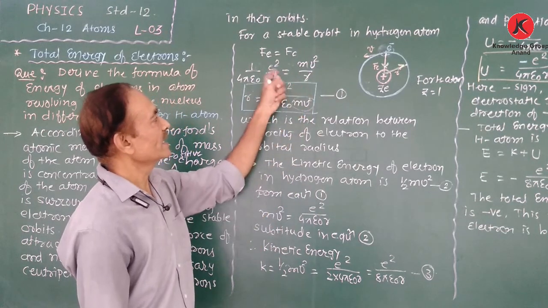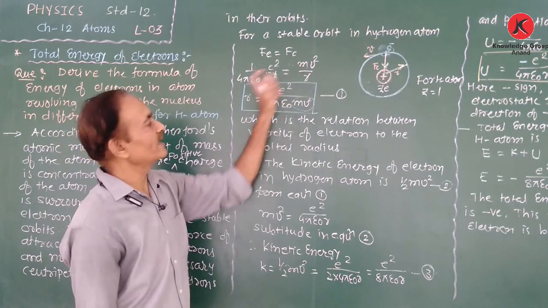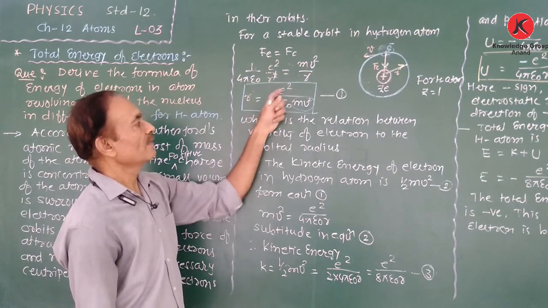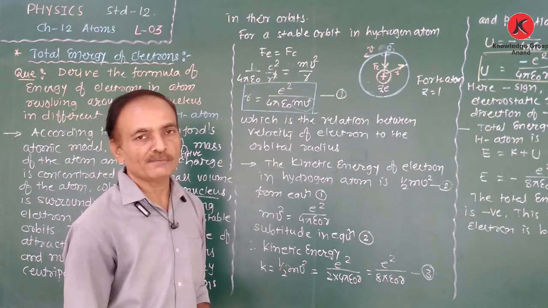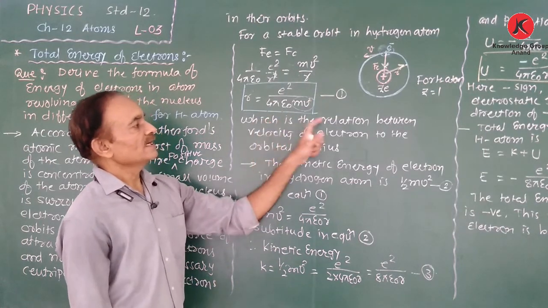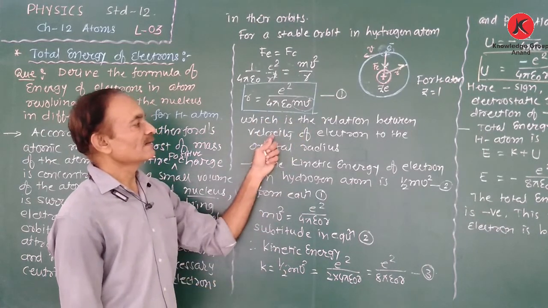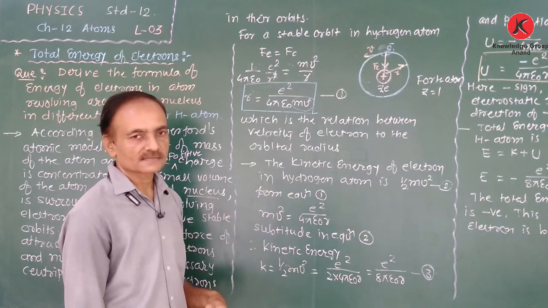One times r cancels. Therefore, the equation of the orbital radius, r is equal to 1 upon 4 pi epsilon 0 into e square upon mv square. So this equation 1 is the relation between the velocity of the electron and the orbital radius.